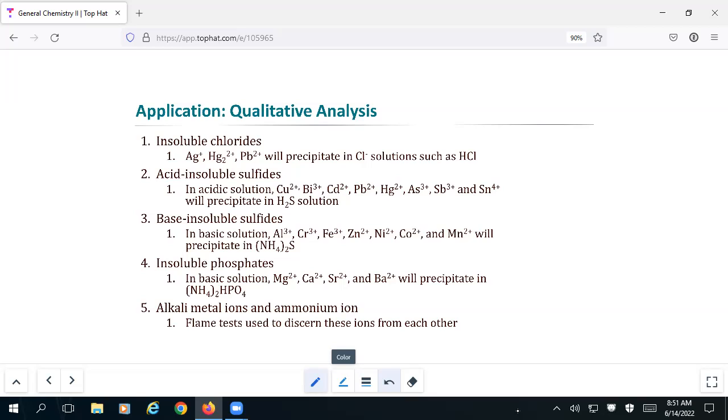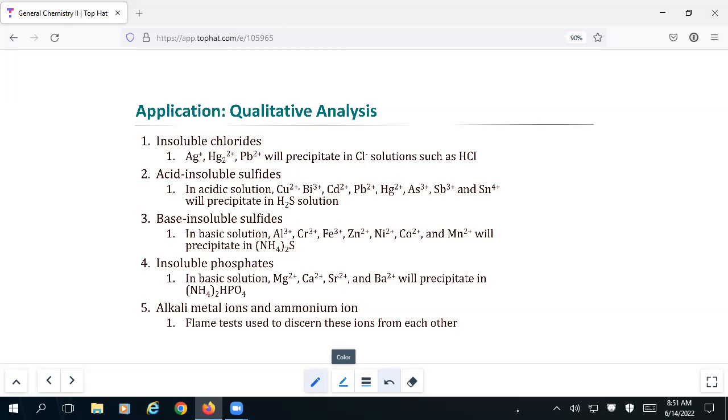And so if you started with just a general sample of a whole bunch of ions, the first things that you would remove would be the insoluble chlorides. We know those as the group 1 cations: silver, mercury 1, lead 2.